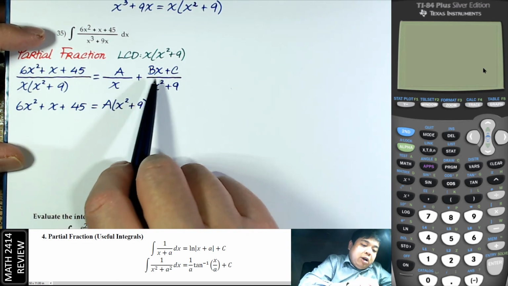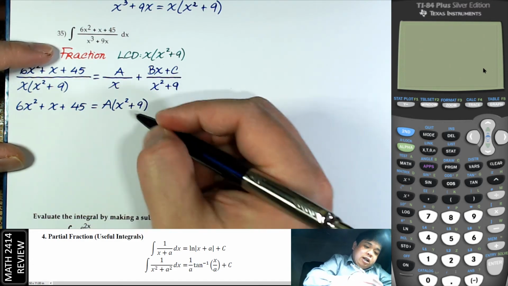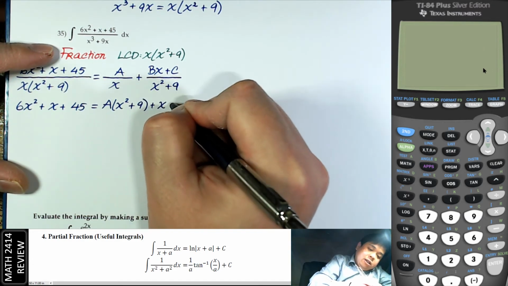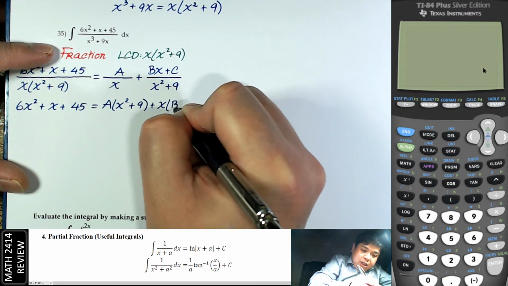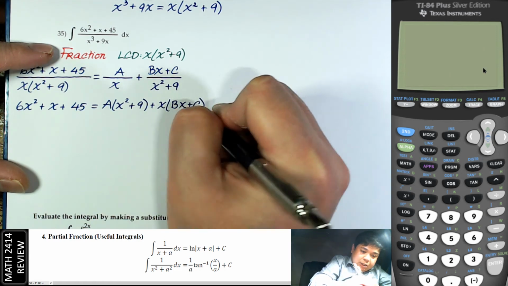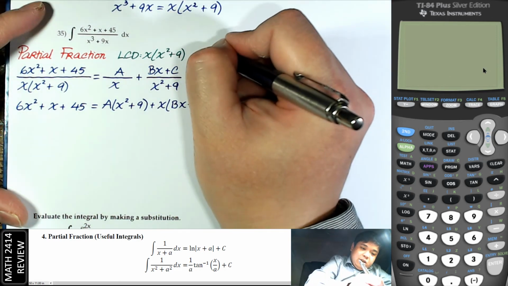And multiply this with this, x squared plus 9 cancels out. We have x times bx plus c. Right, I had to do it this way.